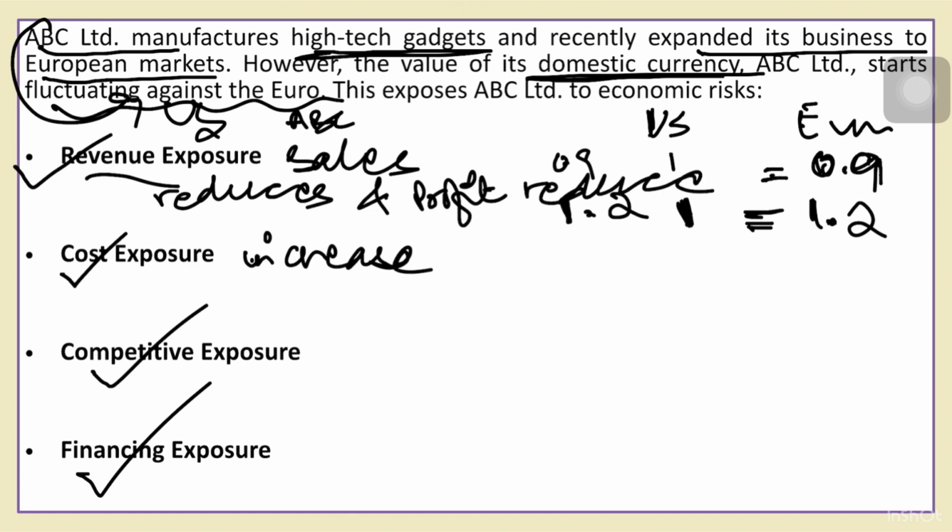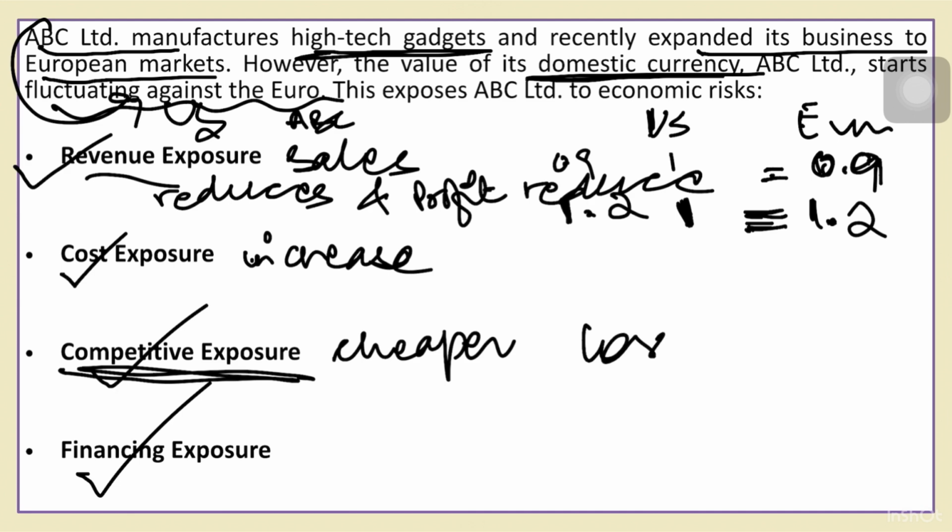And simultaneously, what will happen in the competitive market? In the competitive market, if the relative goods are cheaper, what will happen? There will be a loss in the market share of ABC Limited.